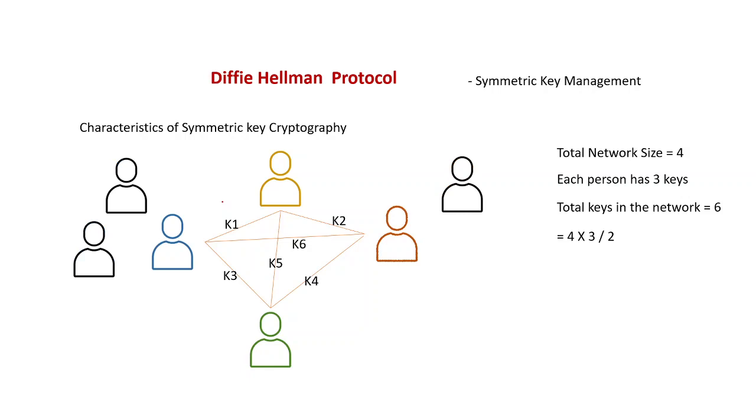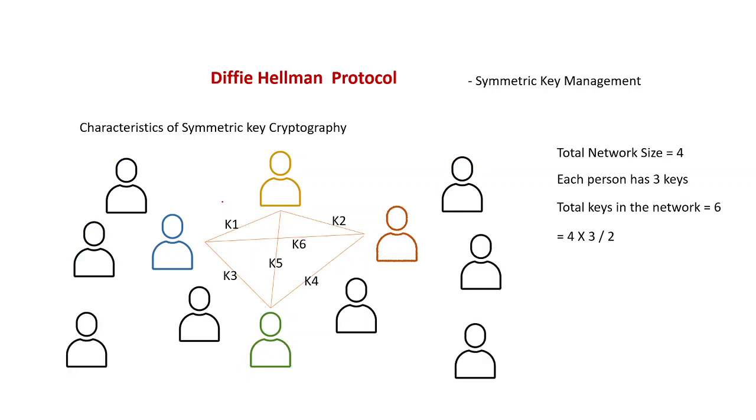Now let the network expand itself to say n number of people where all the people are connected to each other. So for a network of size n, each person in the network needs to remember n minus 1 keys and the total keys needed in the network will be n into n minus 1 divided by 2.